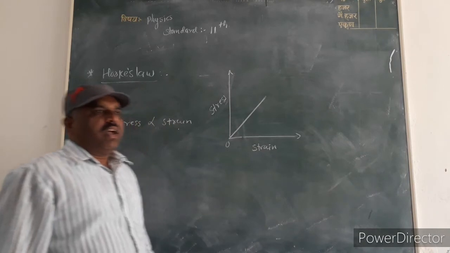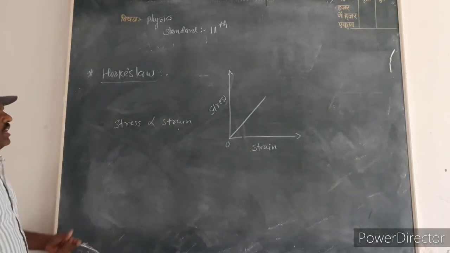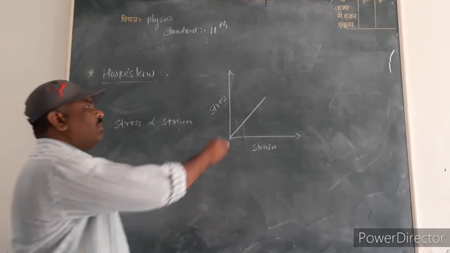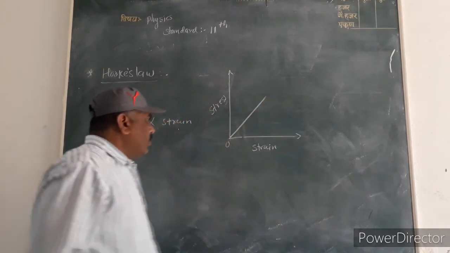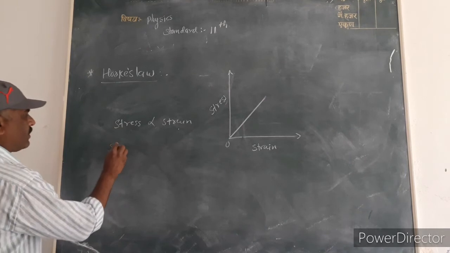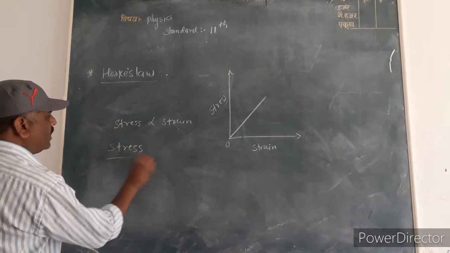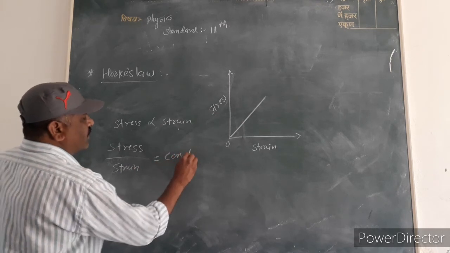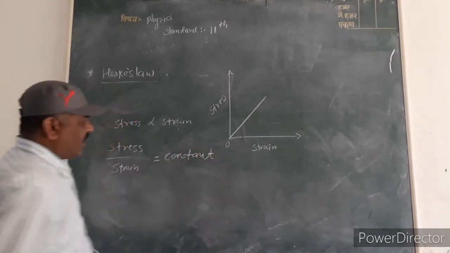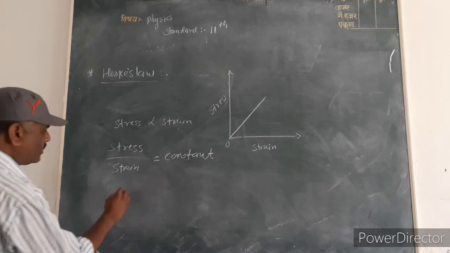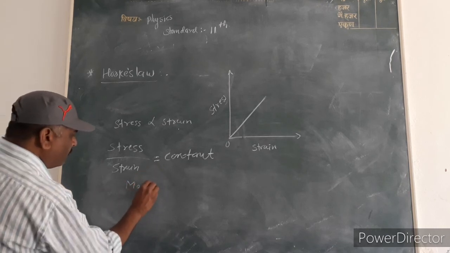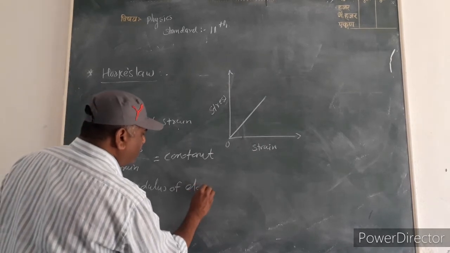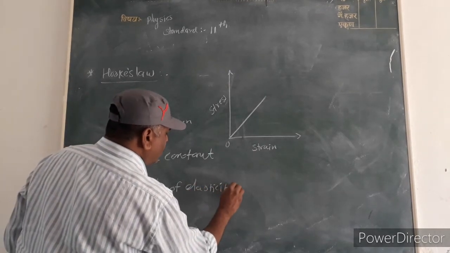He observed that up to a certain limit stress is directly proportional to strain, and the nature of the graph is a straight line from the origin, and stress divided by strain is equal to a constant, and that constant value is called modulus of elasticity.